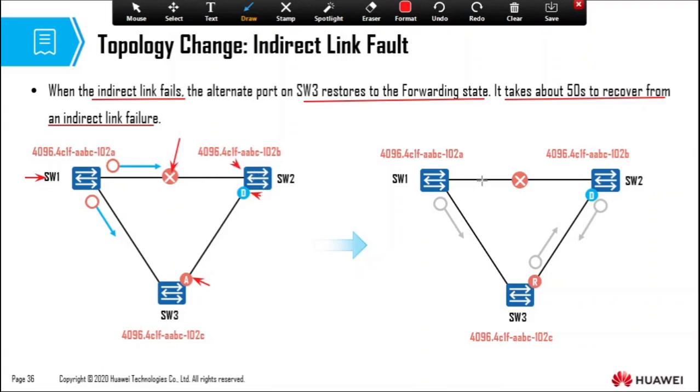After that, it's going to start to send configuration BPDUs to S3. When switch 3 receives that configuration BPDU, it's going to transition this alternate port and make it a root port.